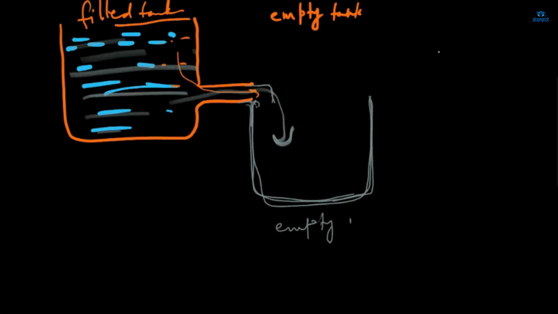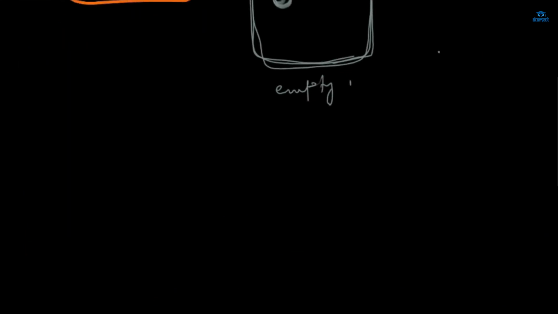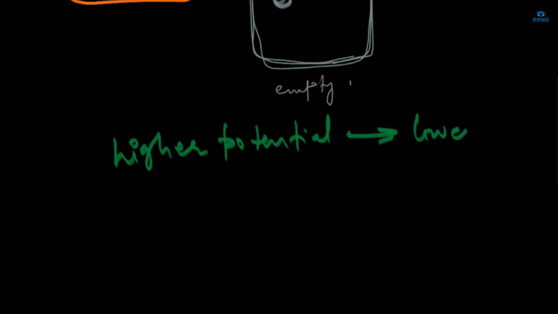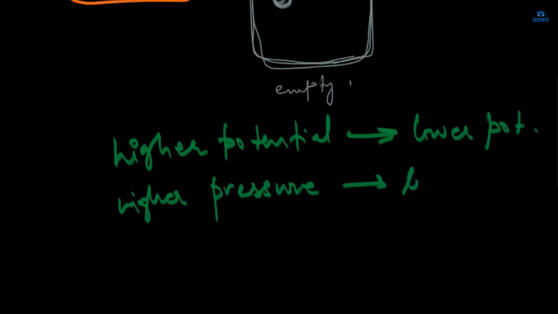It will keep on going until this level, because here is the opening. Always everything passes from higher potential to lower potential, or we say higher pressure to lower pressure.